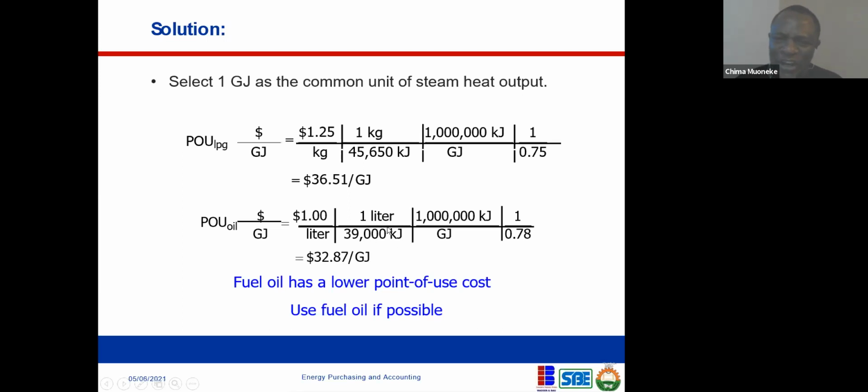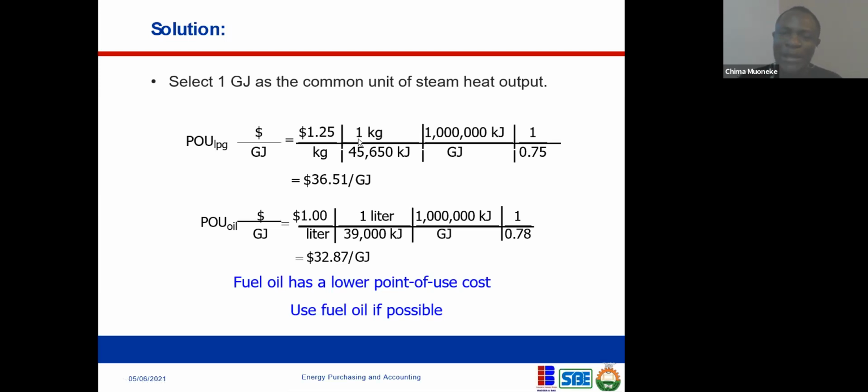We now convert this kilojoule to gigajoule, so we use 1 million. So we cancel out this kilojoule and we are left with gigajoule. And then the efficiency is 0.78, right? So when we do this, we are going to arrive at $32.87 per gigajoule. Are we together?